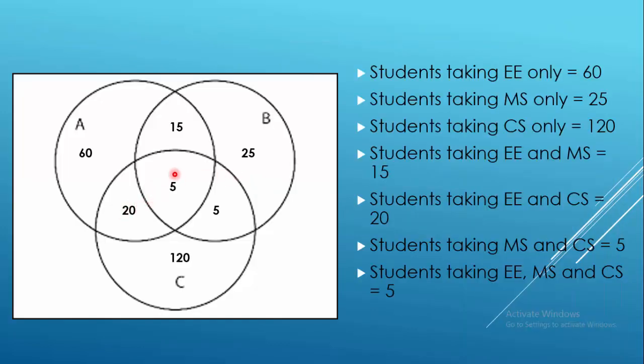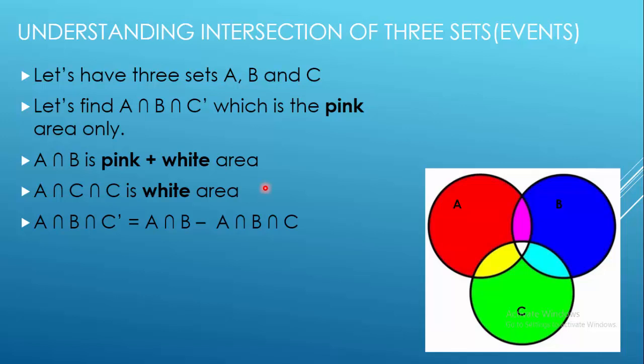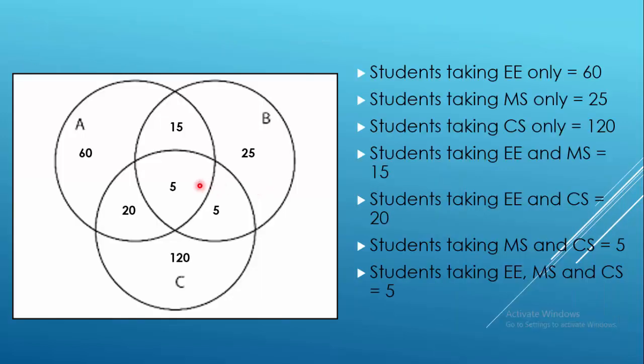So 25 plus 20 is 45. 100 minus 45 is 55, and then we add A intersection B intersection C, which is this 5, so we get 60.